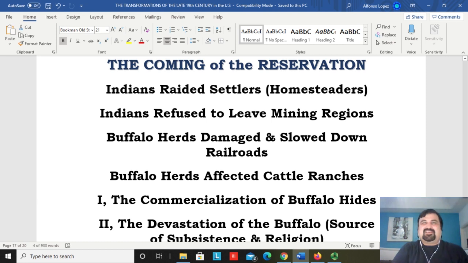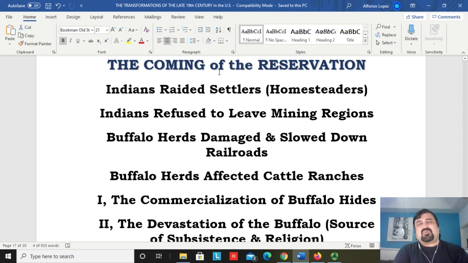As we'll see in just a few minutes, the survival of those societies and those cultures is going to be made possible really by the reservation itself. Okay, we're going to get there. I'm just building a case here, for why the reservation actually helped those societies survive as a group and as a culture.